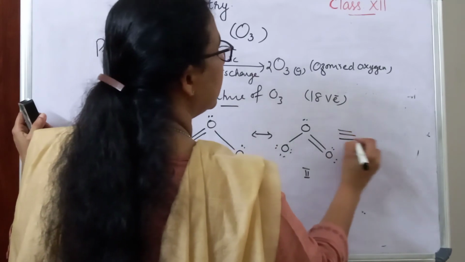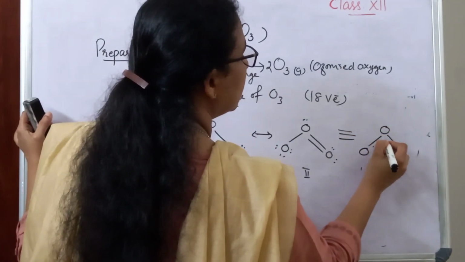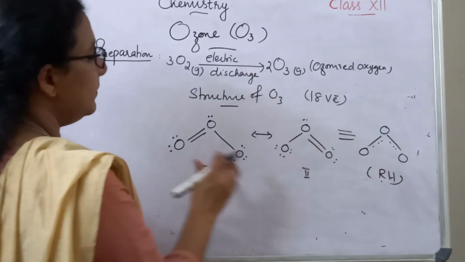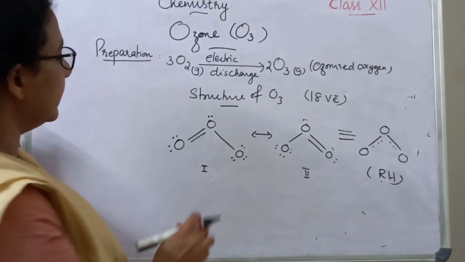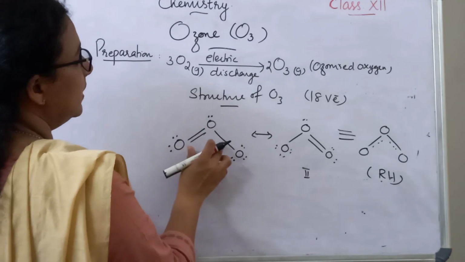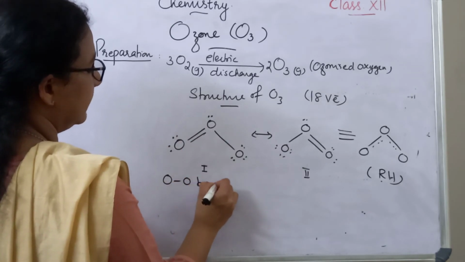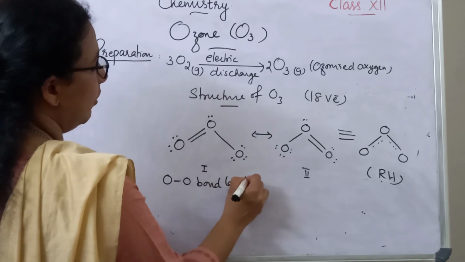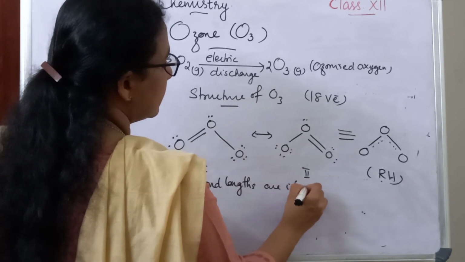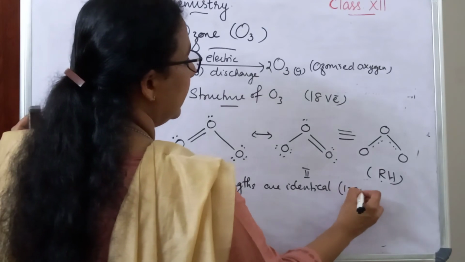The resonance hybrid can be drawn like this. So this is a resonance hybrid. From these resonating structures, it is clear that the oxygen-oxygen bond lengths are identical. That may be 128 picometer.